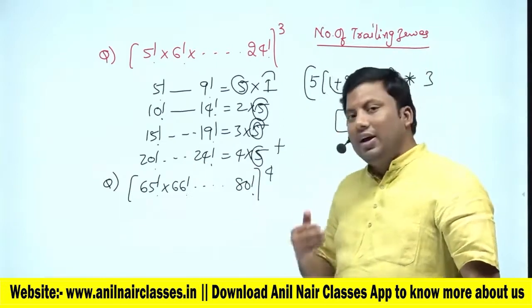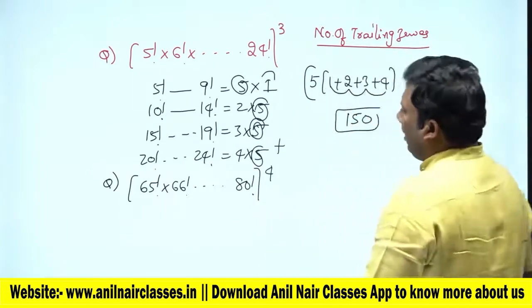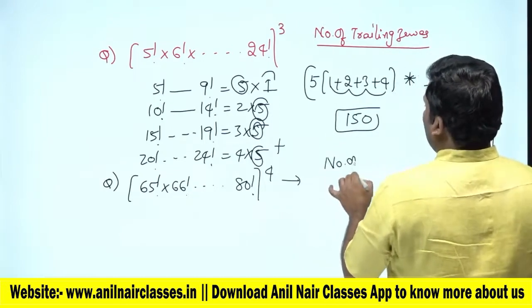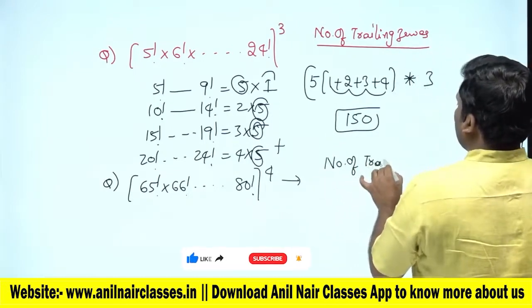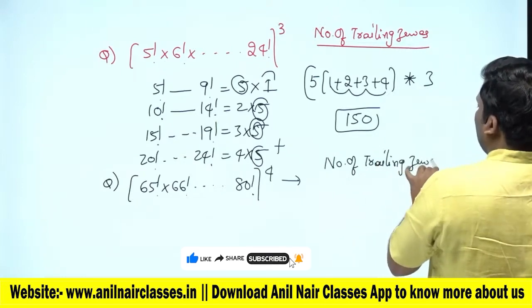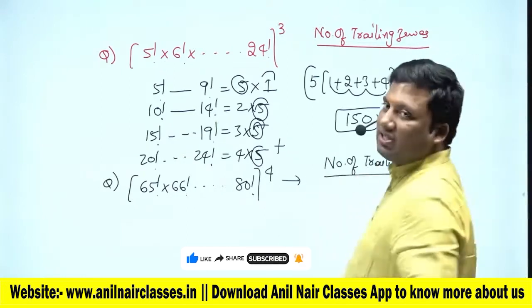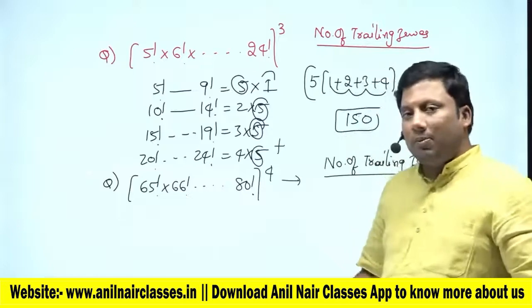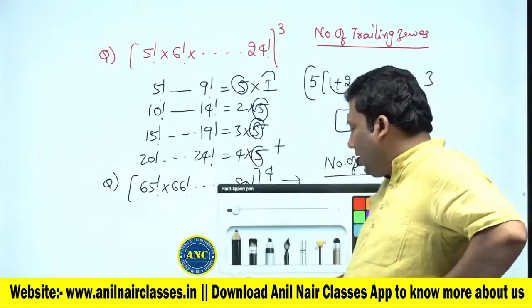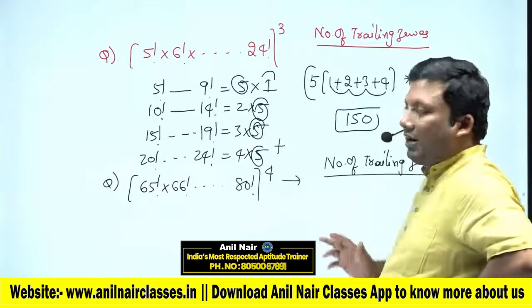Find the number of trailing zeros. Let us find it out easily without doing it step by step like in the previous problem.